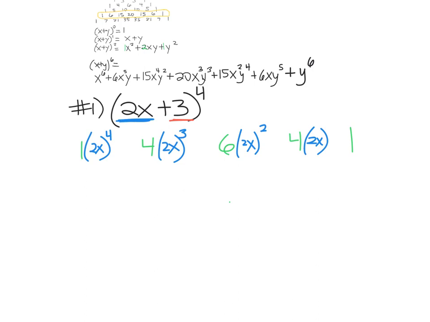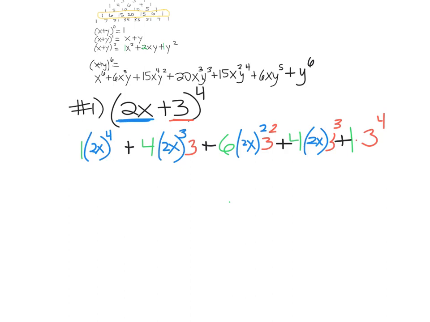Those are my x's, they're going down. The y's, which is like 3 right there, I like to start at the end and go that way. So I would go 3 to the 4th, 3 cubed, 3 squared, 3 to the 1, and then 3 to the 0, which is nothing. There's a plus in the middle, so I'm going to put pluses in between all of these terms.